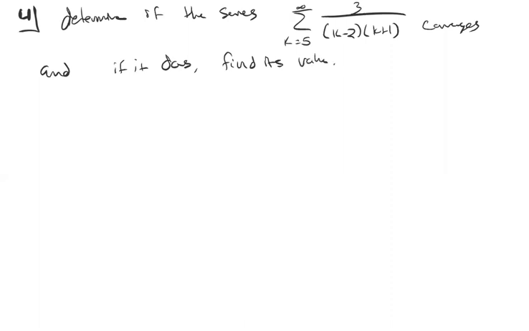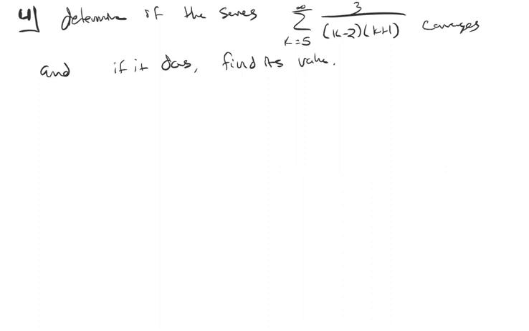Okay, so the key tip off with these is that we're telling you to find its value. Realistically, under or outside of very specific circumstances, actually finding the sum is not easy. When we tell you to find the value of the sum, 2 things should pop into your head. It's either telescoping or geometric. And this is not a geometric form. So this tells me that we're going to be dealing with a telescoping series, okay?